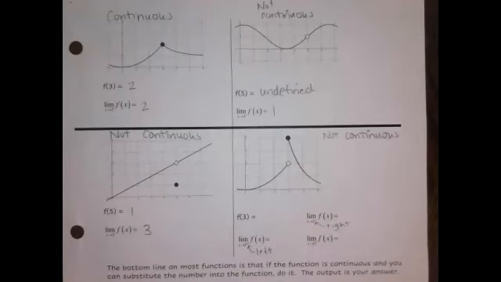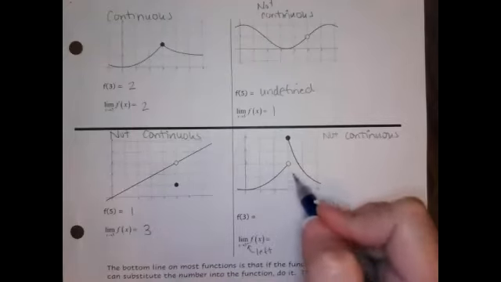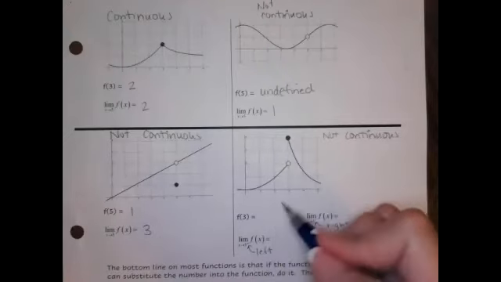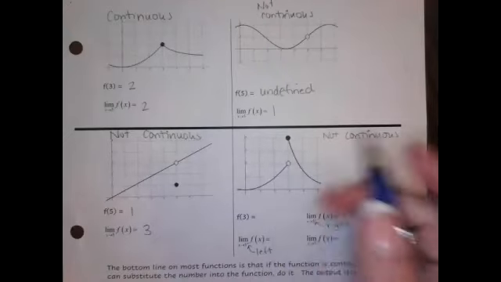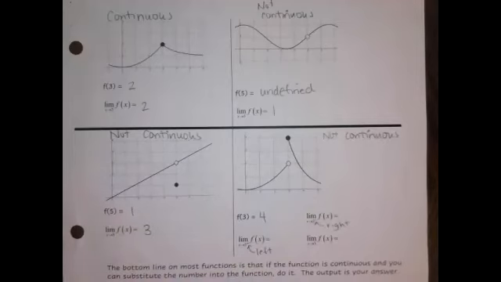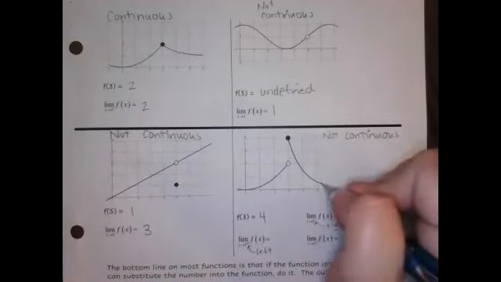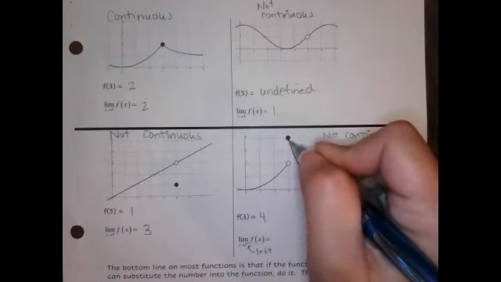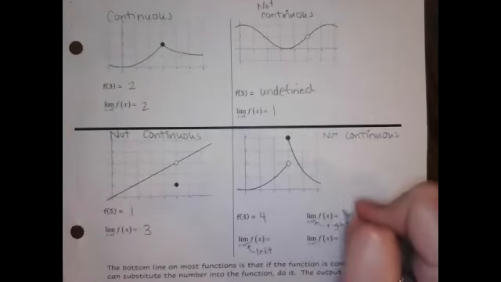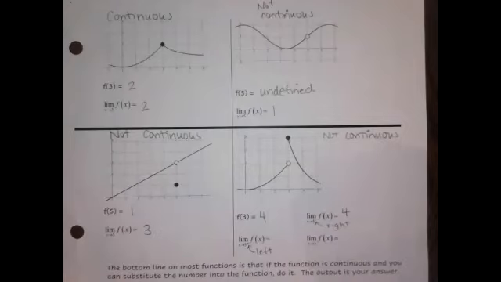So at f of 3 here, our graph is at 4. Now, when we come in from the right, so as I'm going this way from the right-hand side, it is getting closer and closer to that point right there, 4.